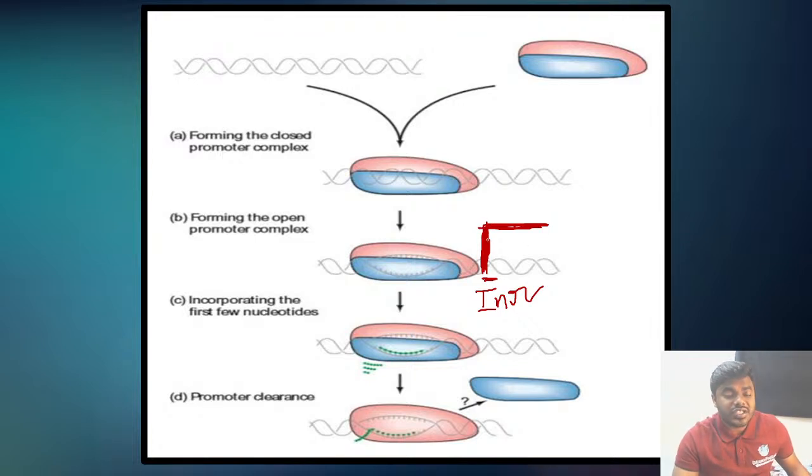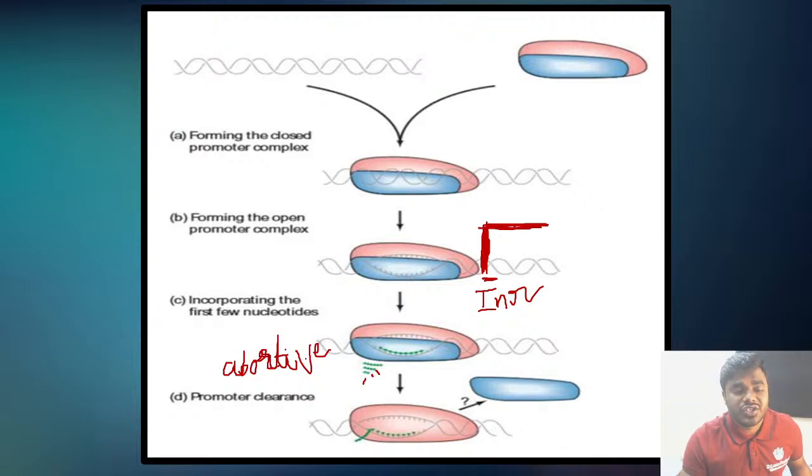Sir, do you think it will start the process of transcription very efficiently? Never ever. You know, friends, it will start synthesizing the RNAs in small pieces. And friends, this kind of initiation we can call the abortive initiation. What do you call it, my friends? Abortive initiation. Now you can ask me, sir, do you think this abortive initiation will be continued?